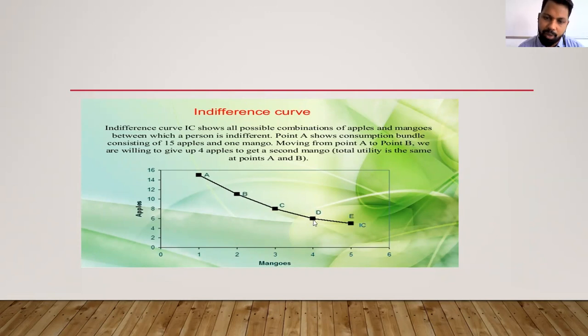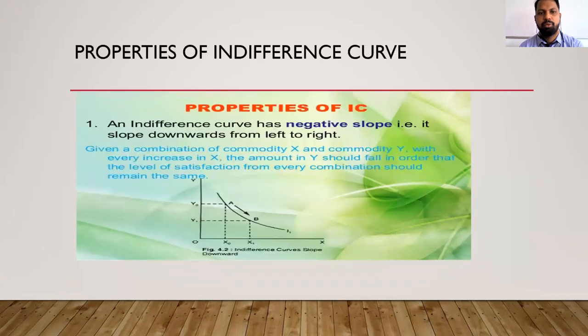Since it provides the same level of satisfaction to the consumer, the consumer is indifferent towards it. So the indifference curve shows different combinations of two commodities, say mangoes and apples, which give the same level of satisfaction. Now moving on to the properties of the indifference curve.